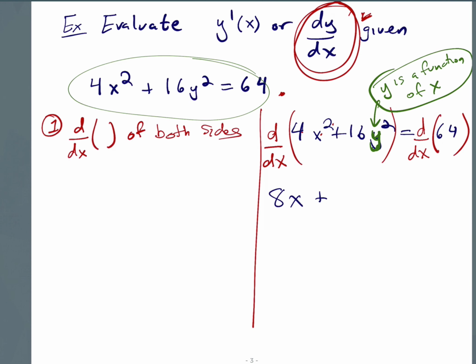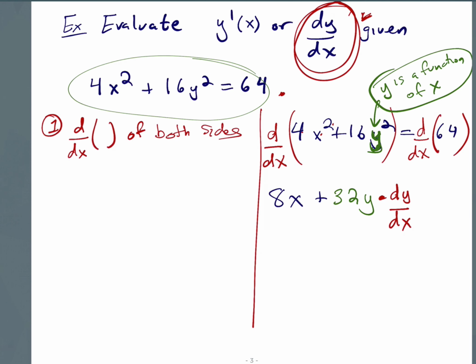But you do know that it's a function. So when I get the derivative of this, it's going to be 32y, that's the power rule on the outside, but then times the derivative of y with respect to x, or y prime, which is often how you write it.